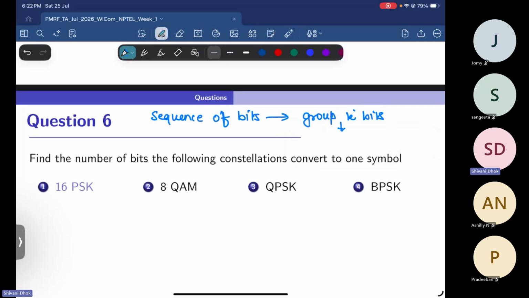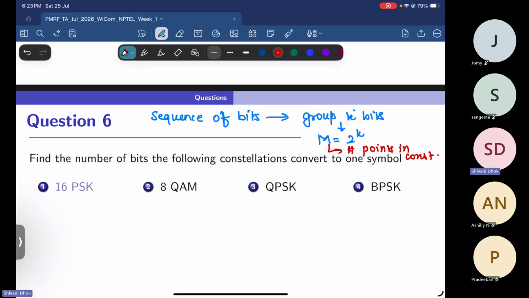This gives you M equal to 2 to the power k possibilities, and these are essentially the number of points in the constellation. So M is equal to 2 to the power k is the number of points in the constellation.